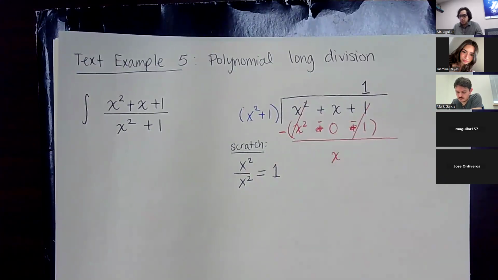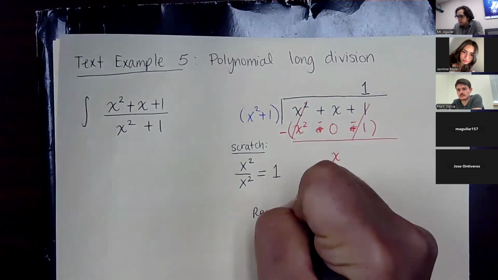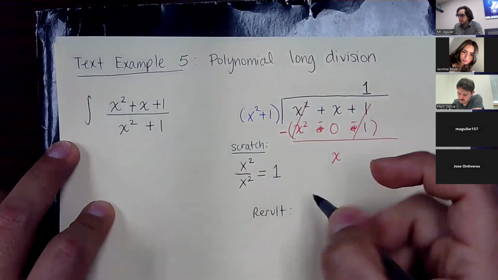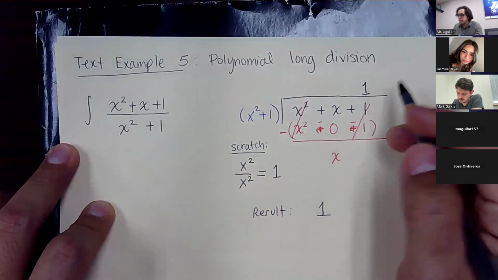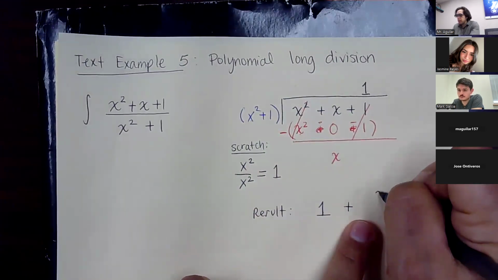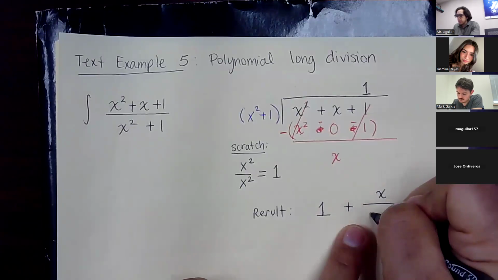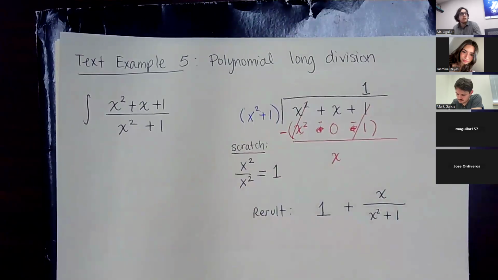Whenever you're done with this long division process, your result should look something like this. We have 1, which is the answer on top, right? Plus, it's always going to be the remainder over the original denominator, which was x squared plus 1.